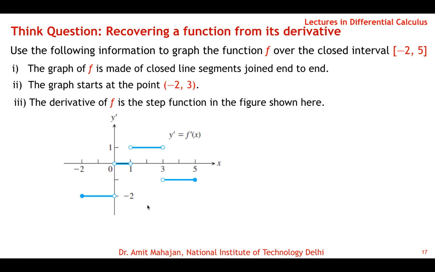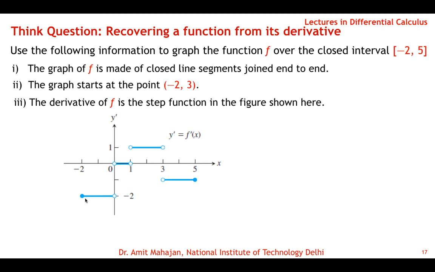So the derivative of the function is given here, and we have to draw the corresponding original function whose derivative is this. It is given that the domain is from -2 to 5, so the derivatives are also given over that domain.